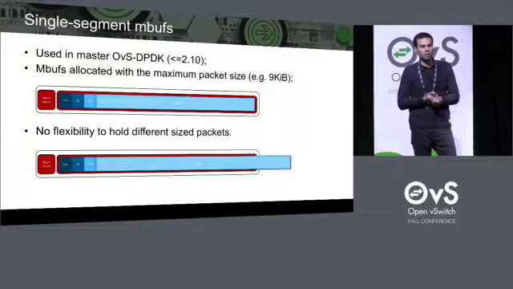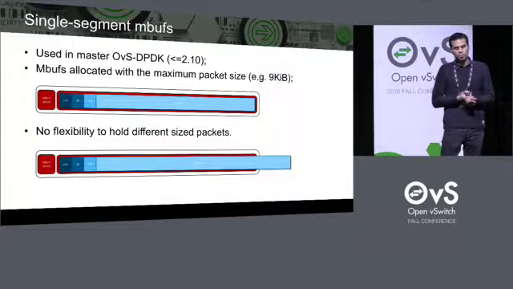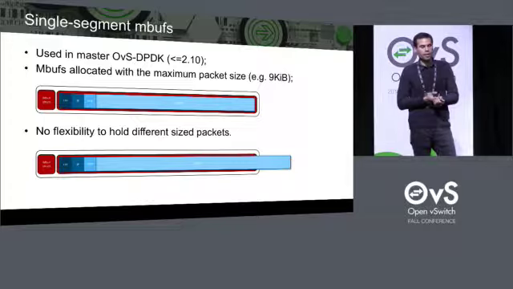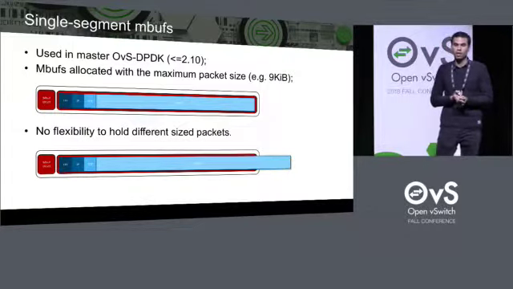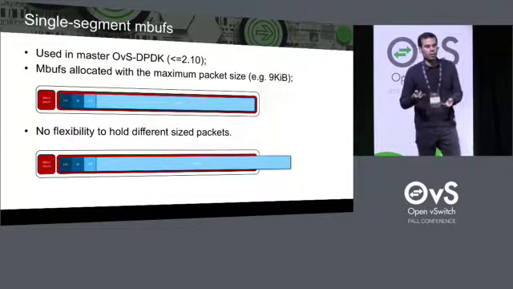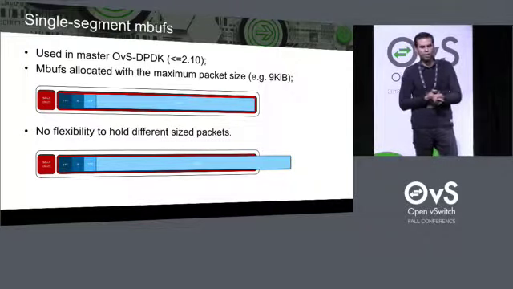It only uses what we can call the simple single MBUFs. In the typical deployment, OvS-DPDK allocates to each MBUF the maximum size that it expects for each packet on the network, and that is based on the MTU configured, plus a few extra bytes for some optional VLAN headers.